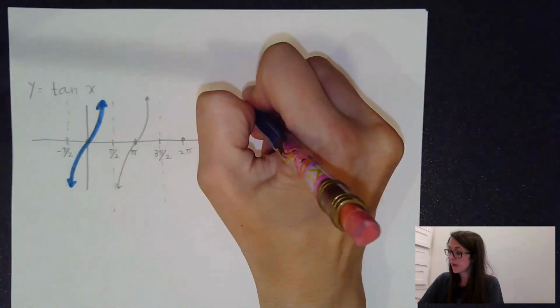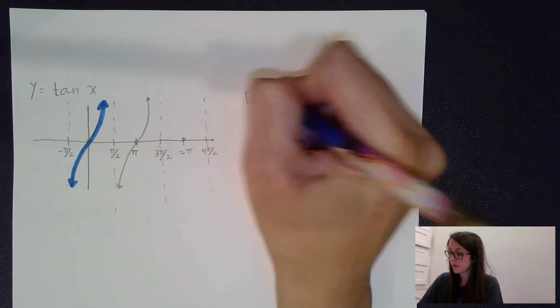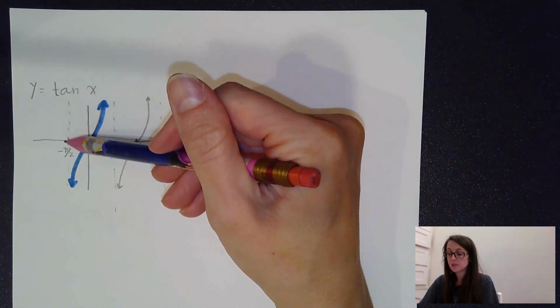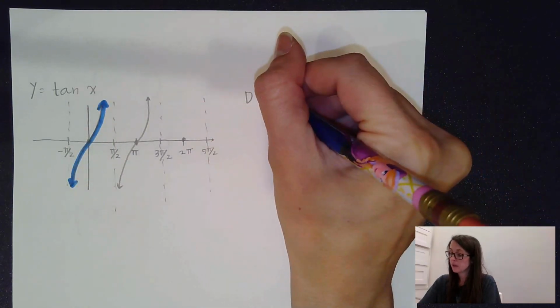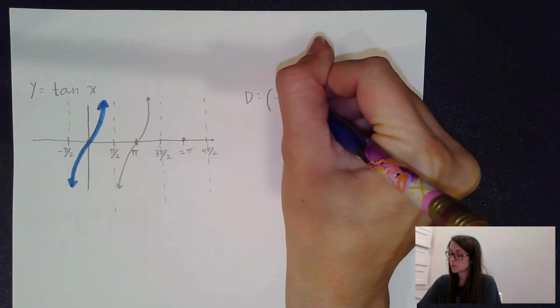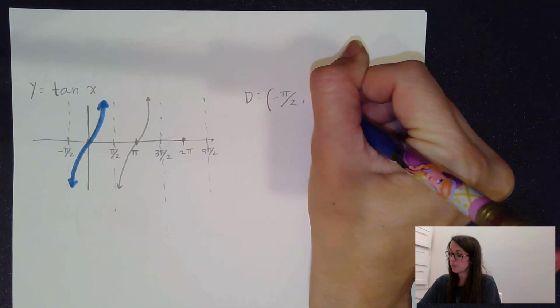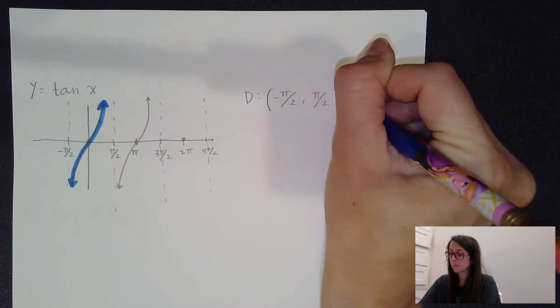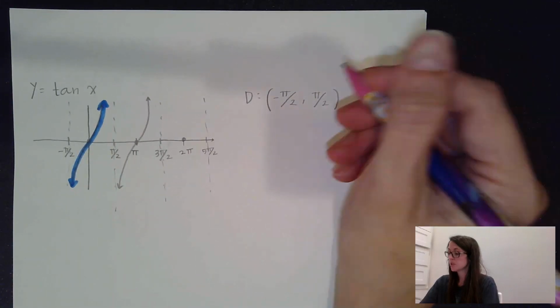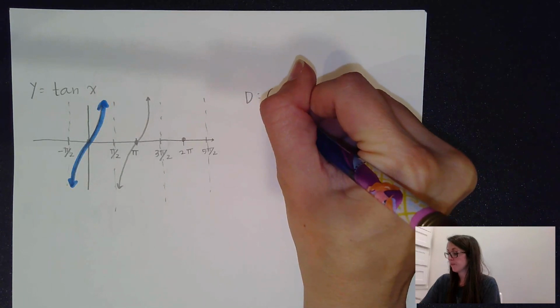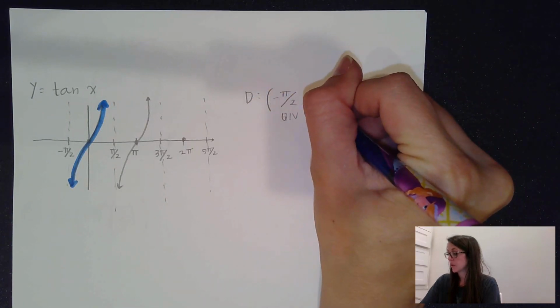If I restrict the domain here, this one's going to be open because I'm not defined at negative pi over 2 and I'm not defined at pi over 2. So the domain is between negative pi over 2 and pi over 2, but open, because it gets closer and closer but never touches. Remember, this is quadrant 4 and quadrant 1.